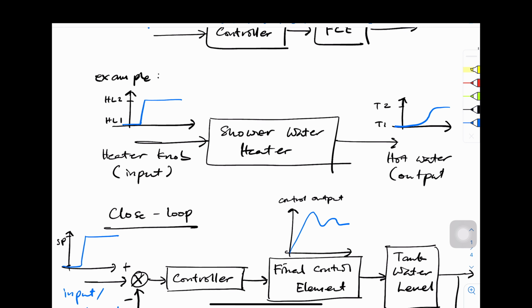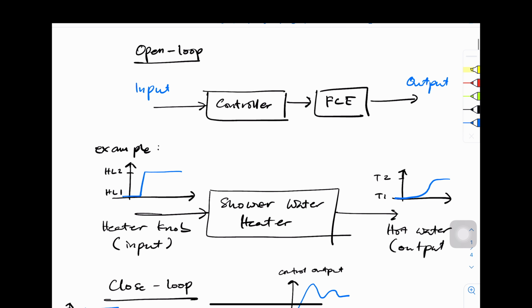We come back to the open loop control system. Take a look at this example. We have an example of an open loop control system. We take a shower water heater as the example. The input is the heater knob and the output is the hot water.